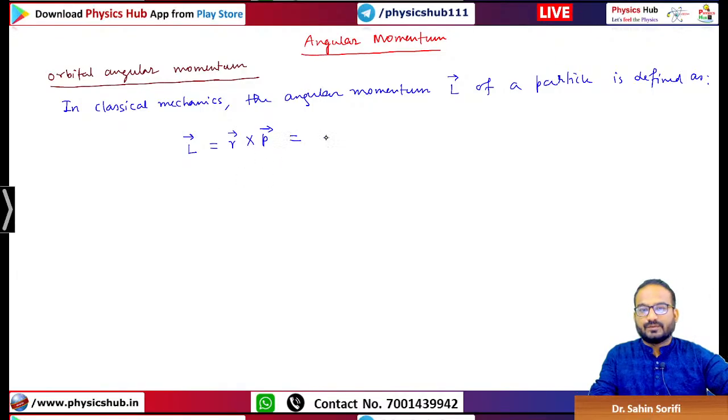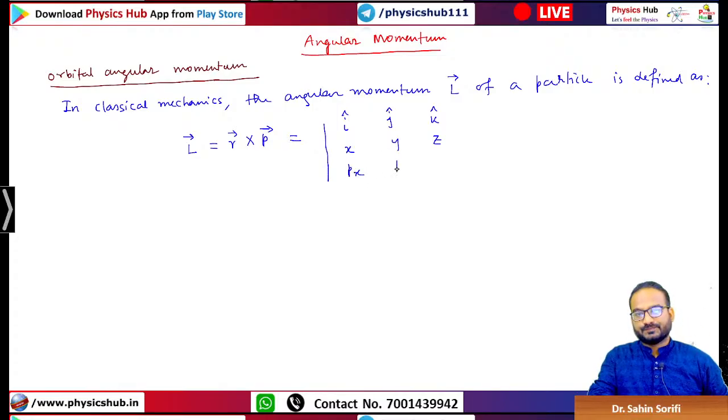So if you expand this, you get i cap, j cap, k cap, then the components of r: x, y, z. Thereafter we write the components of p: Px, Py and Pz.